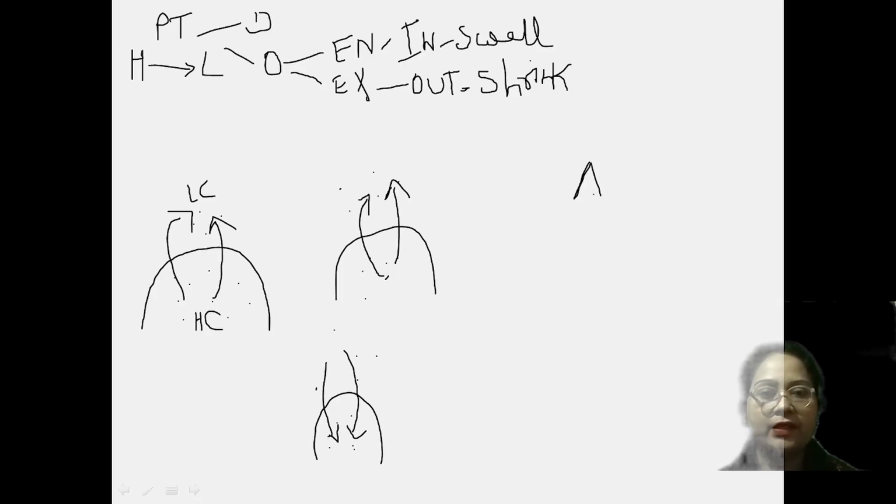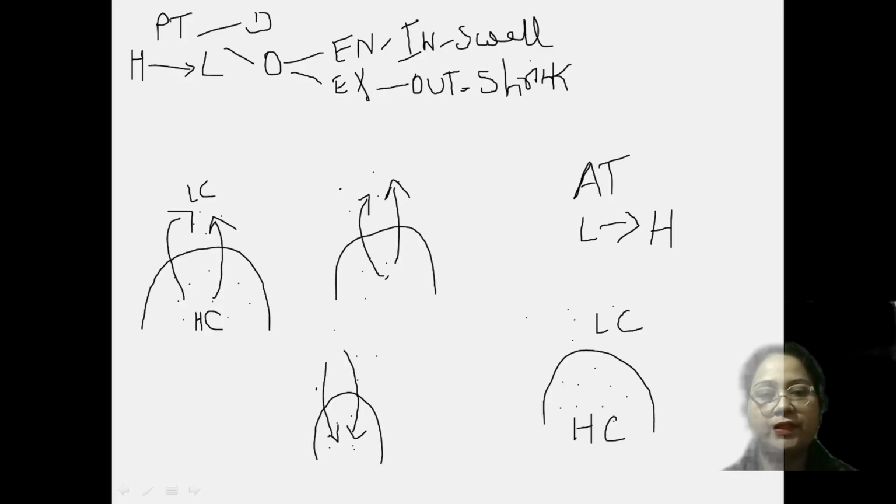Now, in case of active transport, I am writing A and T. What happens is molecules of substances will move from a region of lower concentration to a region of higher concentration. This is the semi-permeable membrane, and suppose this is again the cell, which contains a higher concentration of molecules, and outside the cell is a lower concentration.